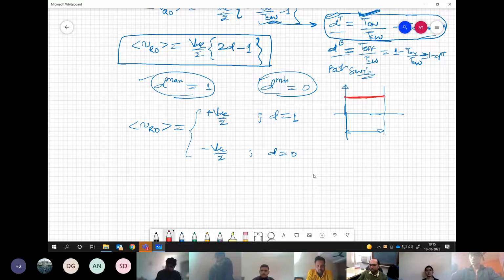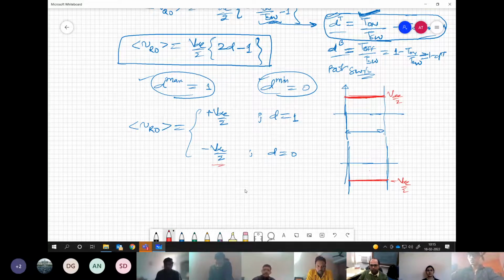So of course the average value obtained over here is plus VDC by 2. And in the second scenario, for the entire switching period we are keeping the top switch off, which means the bottom switch is on, and so we have the value minus VDC by 2 applied at the pole voltage. So the average value is of course minus VDC by 2. You understand the point?